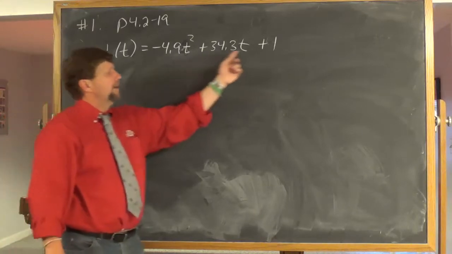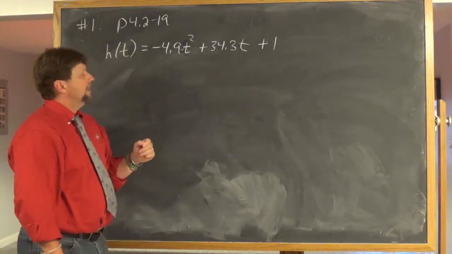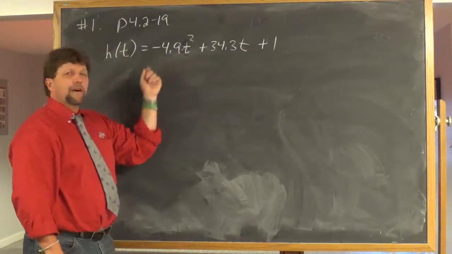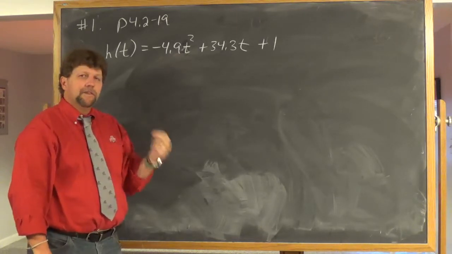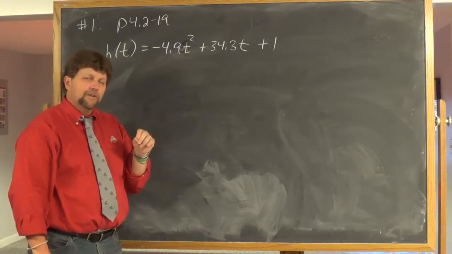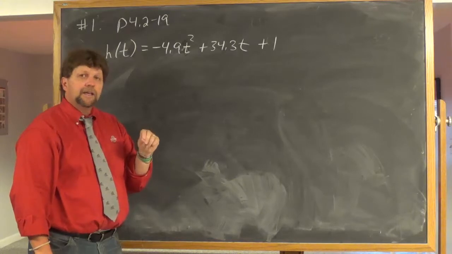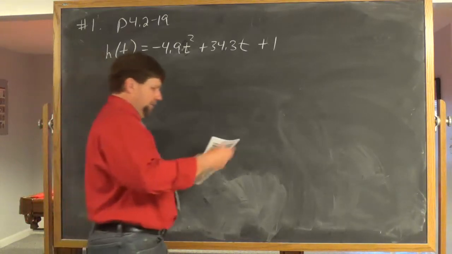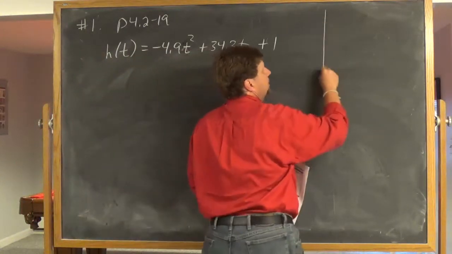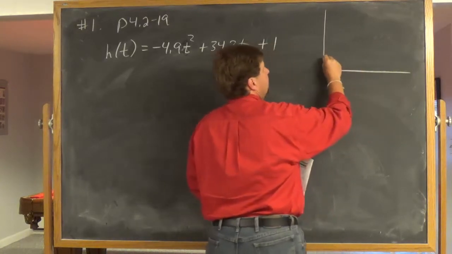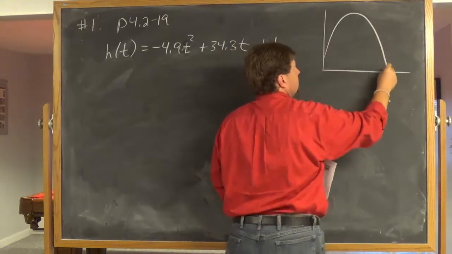Secondly, look at the quadratic function. The number a is a negative number. That tells us that the parabola is a sad parabola. So if we were to look at its graph, its graph is doing something like this.